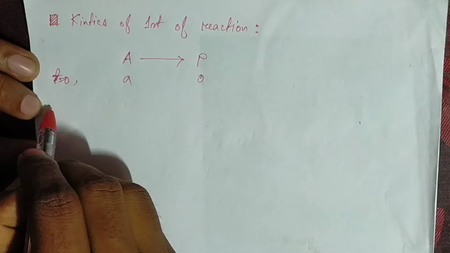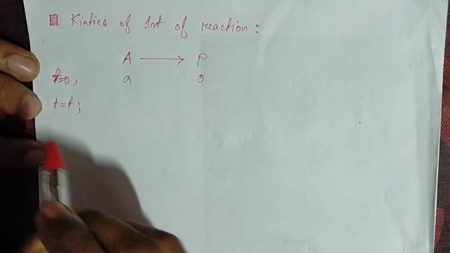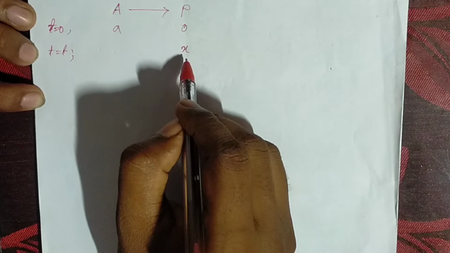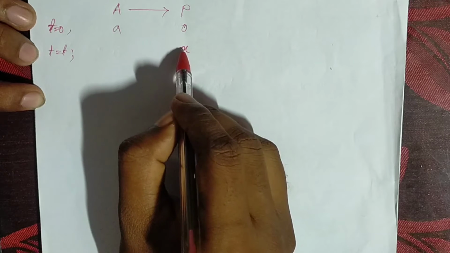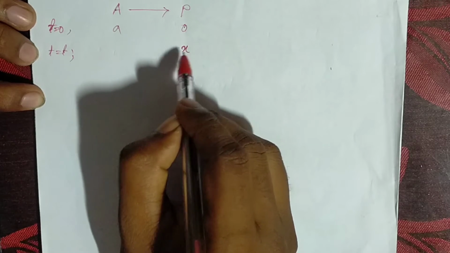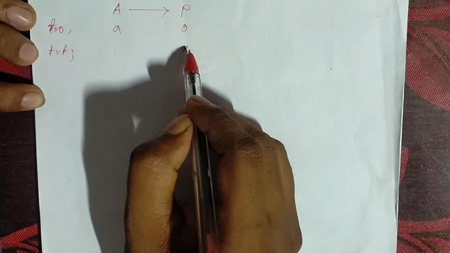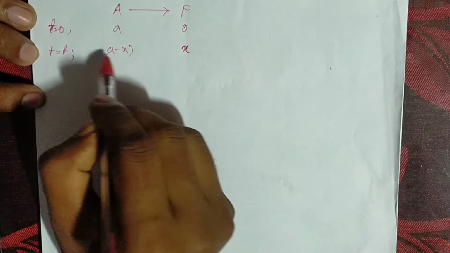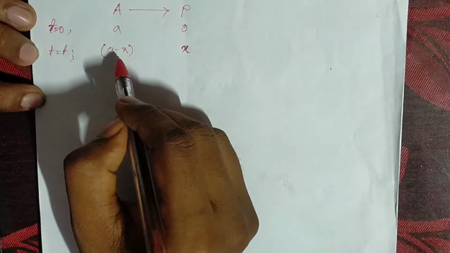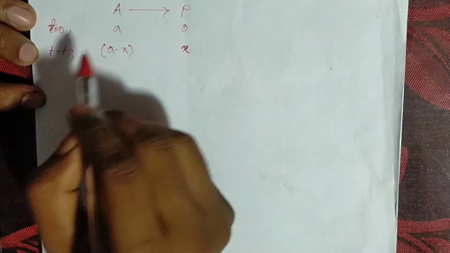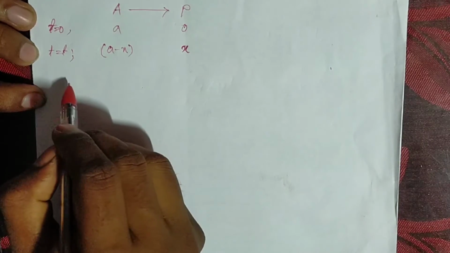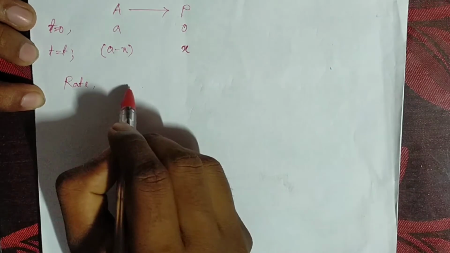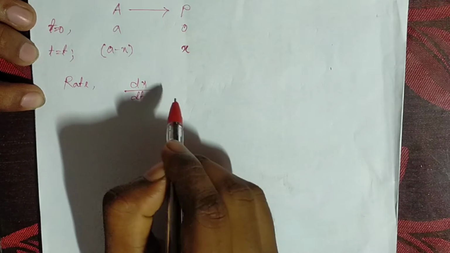When time is t, a small amount x of the reactant will be converted to product. So a minus x remains as reactant. If we write the rate, we can write dx by dt.